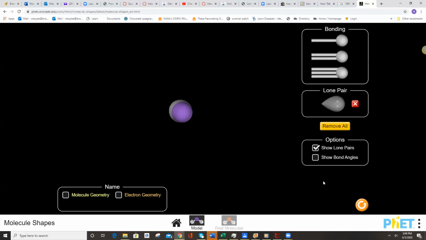So if you look at the Lewis structure for XeF2, you're looking at 5 electron groups, 2 of which are bonding, 3 lone pairs. So I'm going to put in our 2 bonding groups, and now I'm going to put in 3 lone pairs.